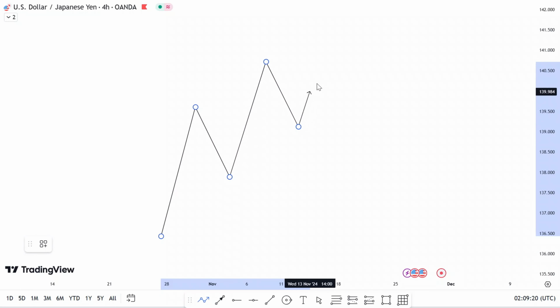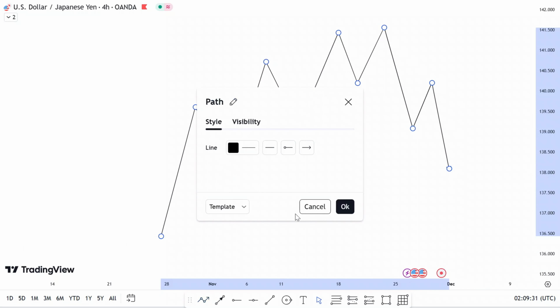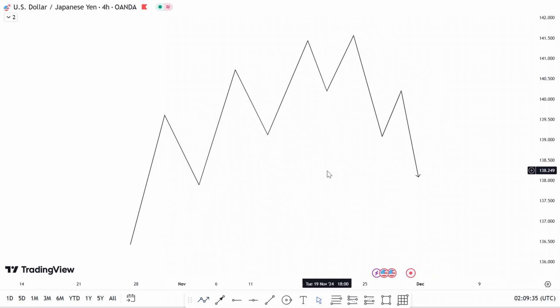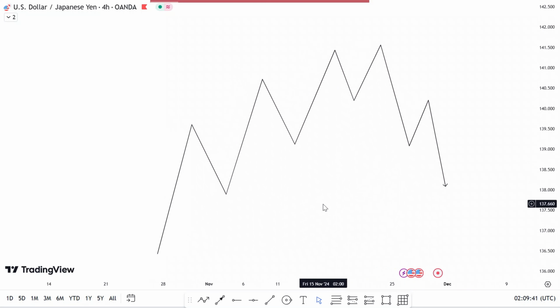Now, I'll draw a market structure, which means the expectation of how markets work. This is how it moves.